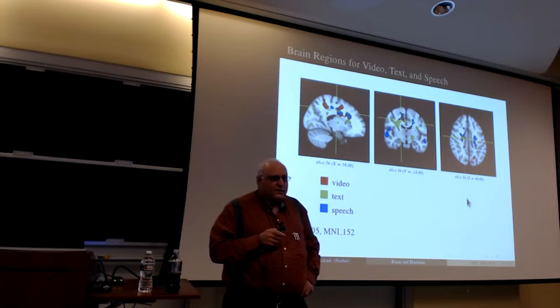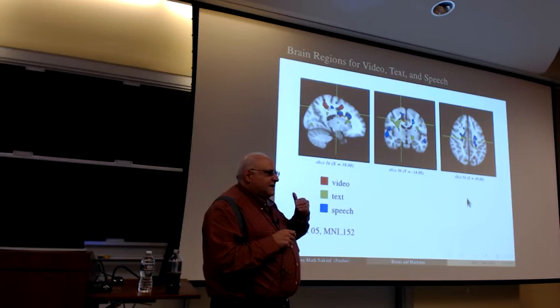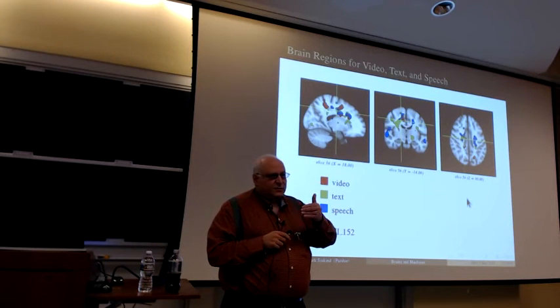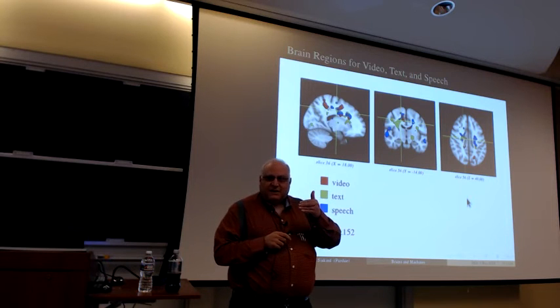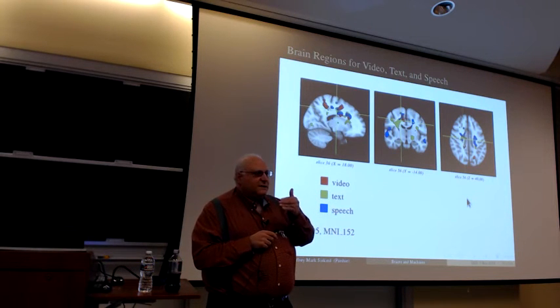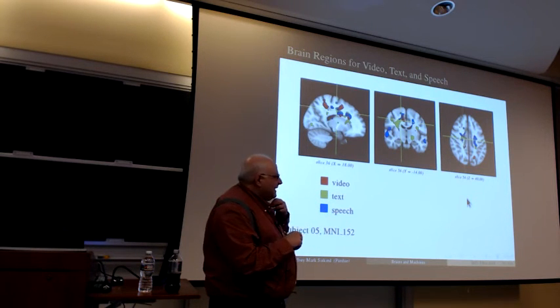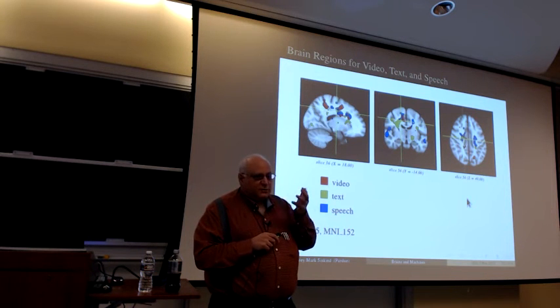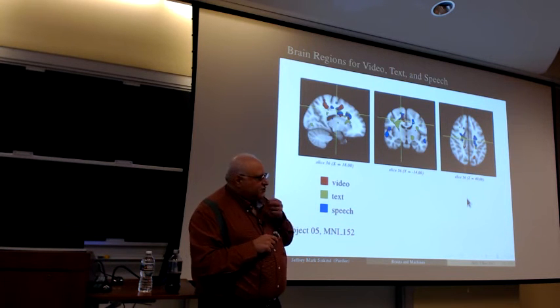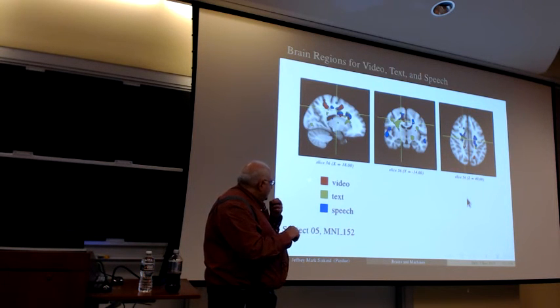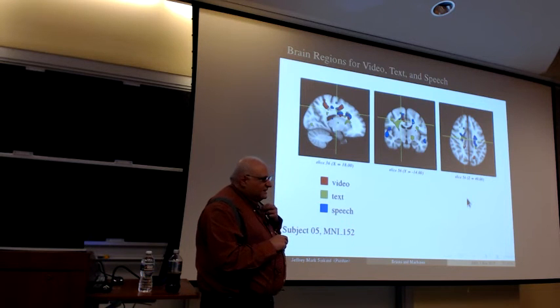But we can go further than that. We can take either of these classifiers, the support vector machine or a neural network, and we can back project the internal model in these classifiers back to the brain volume, which ultimately is the input to these models, and determine which regions contribute most to the classification accuracy for a video classifier, a text classifier, and a speech classifier.